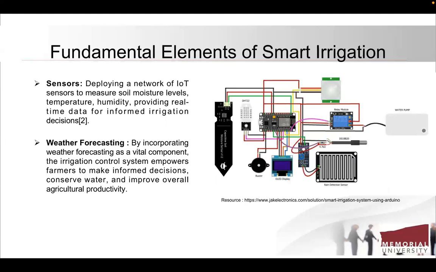The fundamental elements used in this control system are, first of all, sensors. As we can see in this diagram, we have a moisture sensor that reads the moisture available in the soil. And then I have used a weather forecasting system also in this control system.